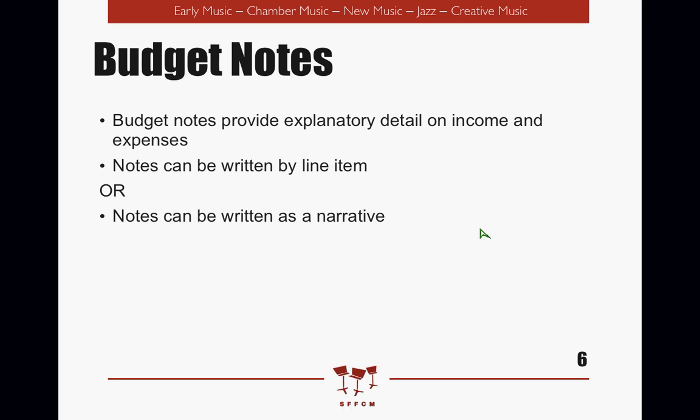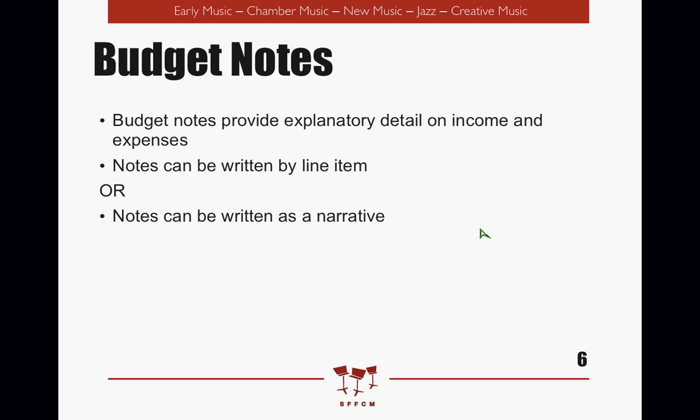In section G, we have examples of how to write budget notes by line item, and we also have a written narrative, detailing the overall rationale for the project budget.